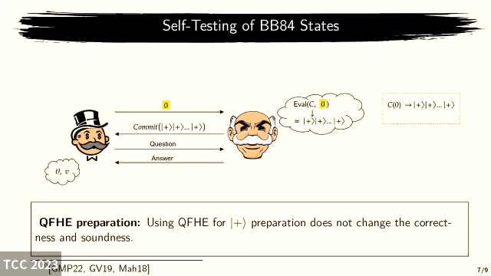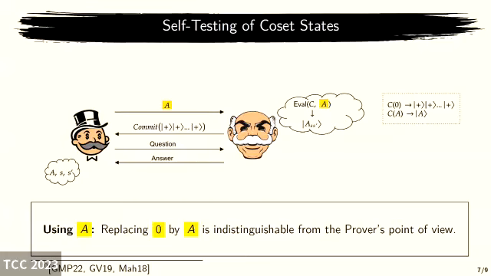Because we use quantum FHE, we can actually change the encryption. Instead of sending the encryption of 0, we can send the encryption of A, and the prover will evaluate the same circuit as we saw before. You will get a coset state.